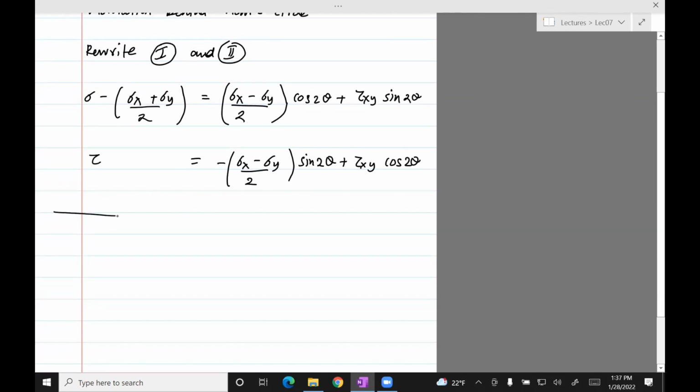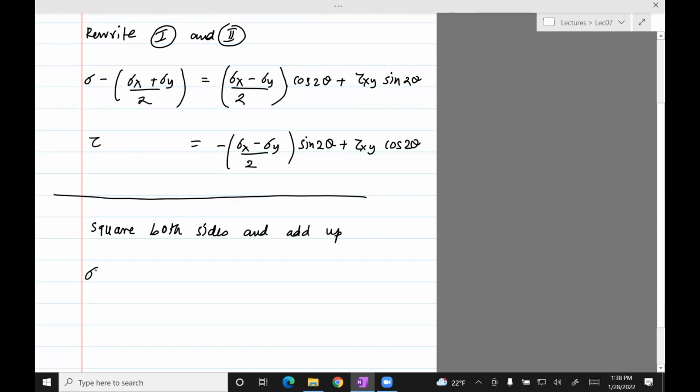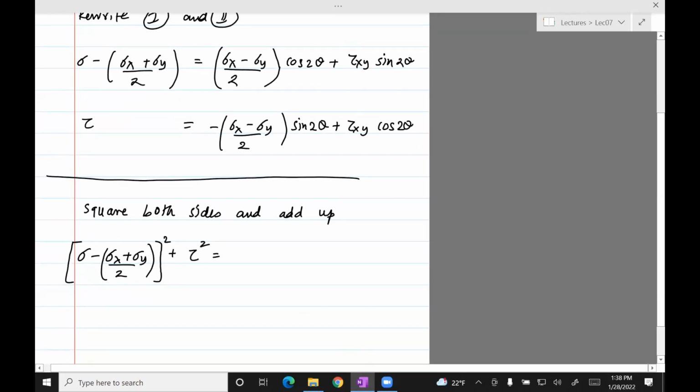So what you get is, square both sides and add up, okay, so you get sigma x minus sigma y square plus tau xy square.